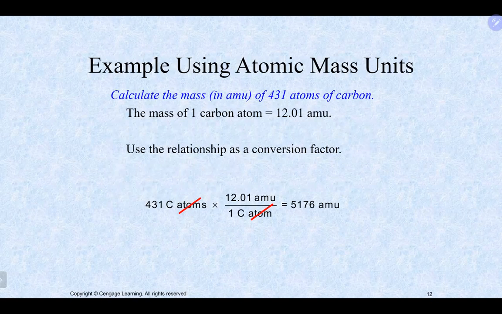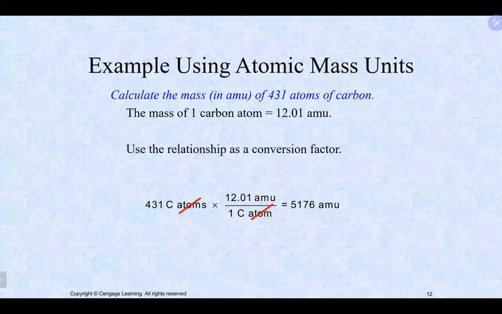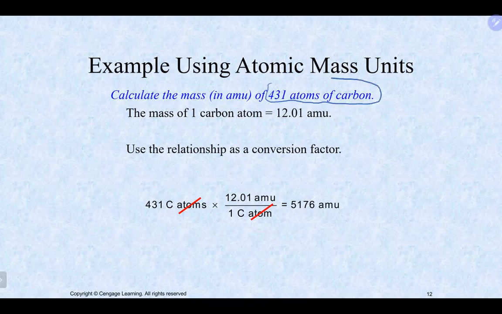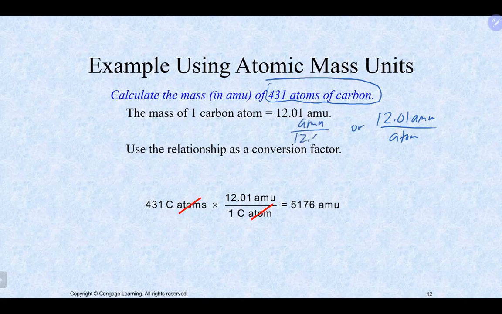For example, if we were looking for the mass of 431 atoms of carbon, and we wanted AMU, we could use basically the atomic mass as a conversion factor. We could say that there are 12.01 AMU in an atom, or we could flip it around and use it the other way, doing dimensional analysis, with 12.01 AMU in an atom on top.